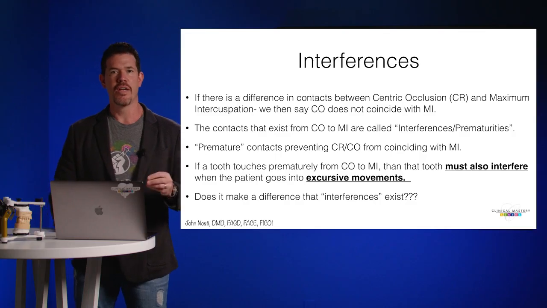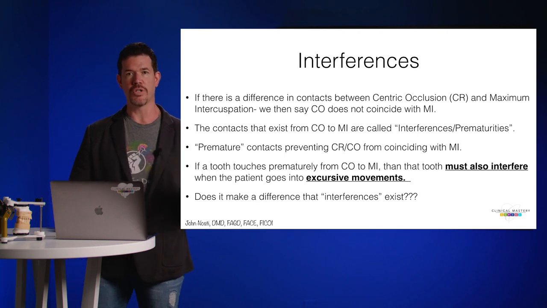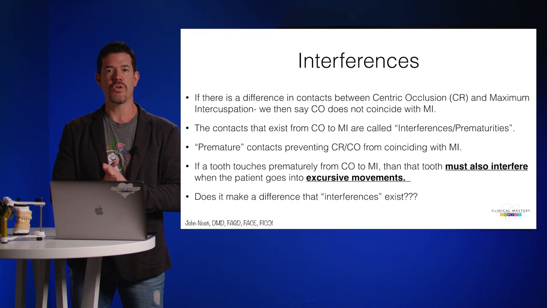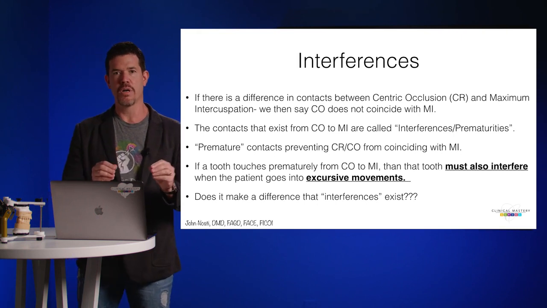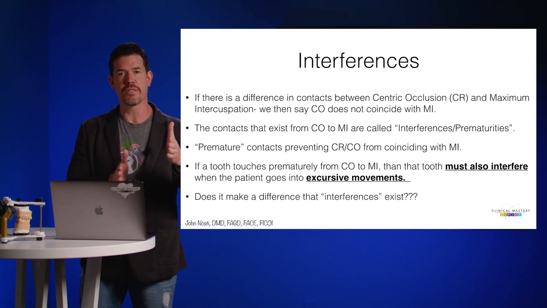So now we know if teeth touch prematurely from centric occlusion to maximum intercuspation, that tooth or teeth must also interfere when that patient goes into excursive movements. Because when we go into excursive movements, we leave maximum intercuspation.